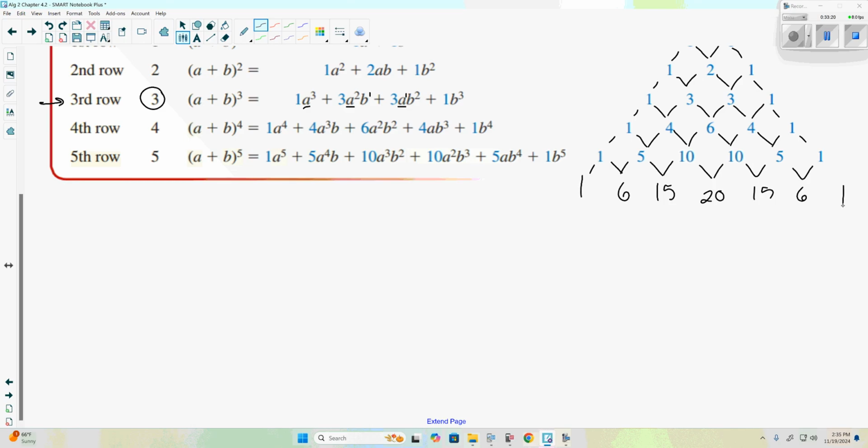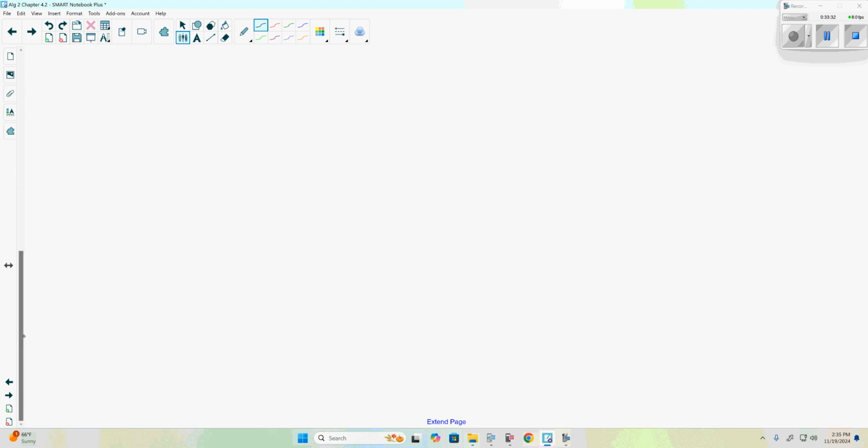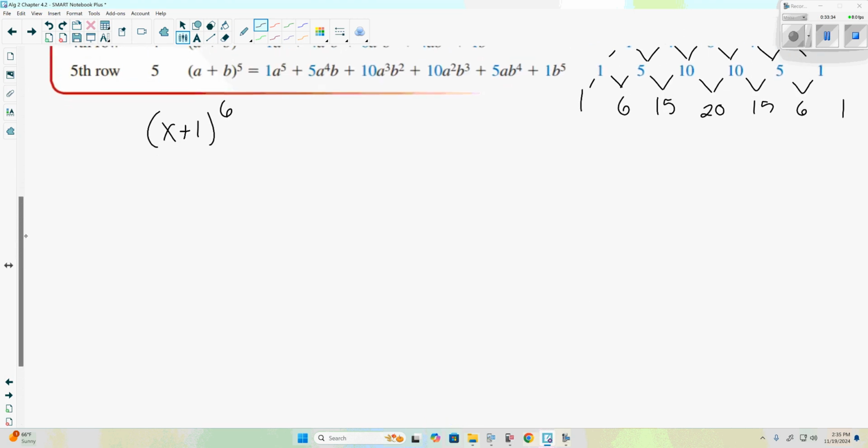And what's interesting is that no matter what we have, so if we said (x + 1) to the 6th power, we could actually factor it using this tree. Because a in this case would be x, b in this case would be 1. So we take our numbers going across the top. So it'd be 1 times a to the 6, really b to the 0.